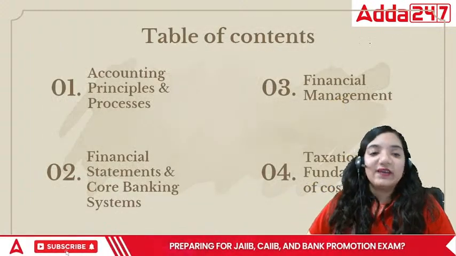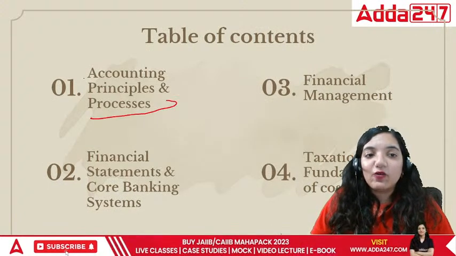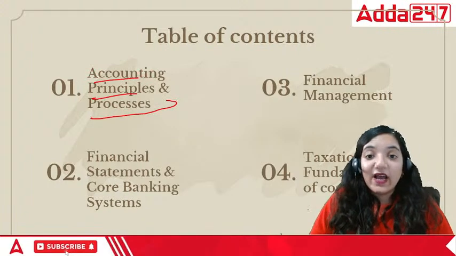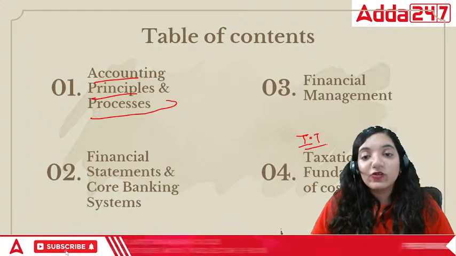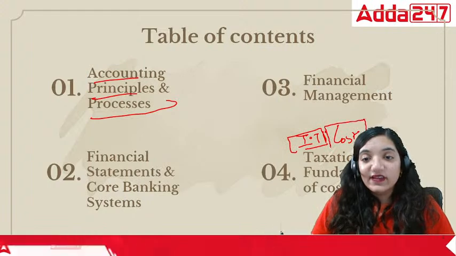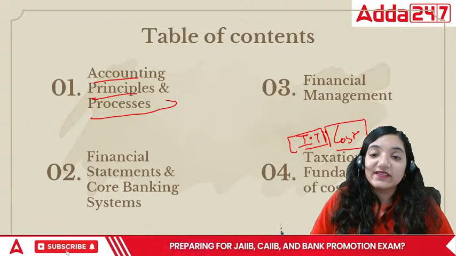In terms of the examination, see, accounting principles and processes. Accounting principles is a short topic that is asked in the examination. Now, the paper also has questions coming from the last module, which would include income tax, cost, another two important areas, and GST.